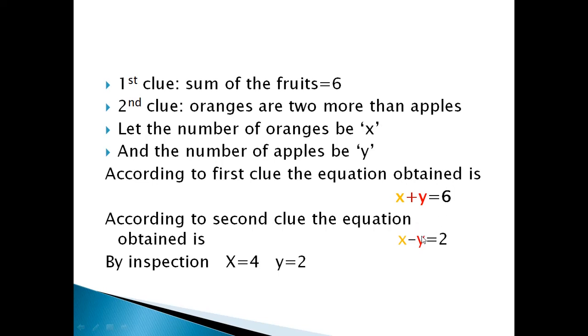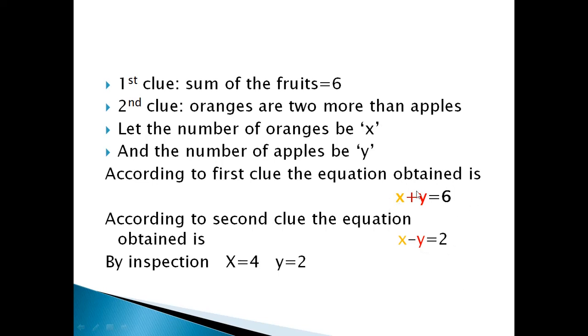We are taking y towards the left. What does it become? x minus y is equal to 2. So here x is equal to y plus 2, the oranges are equal to apples plus 2. So while we shift that y towards the left, it becomes x minus y is equal to 2.